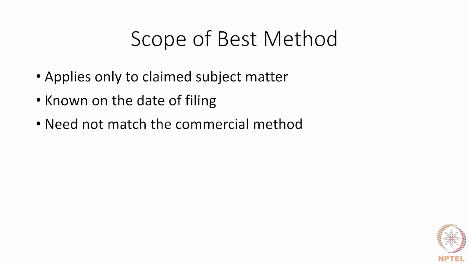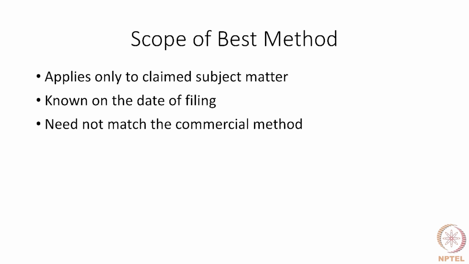The best method need not match the commercial method. So if an applicant files an application and he starts commercially manufacturing something related to the invention, though not what he has claimed, it could be a dependent claim or it could be something incidental to the invention.